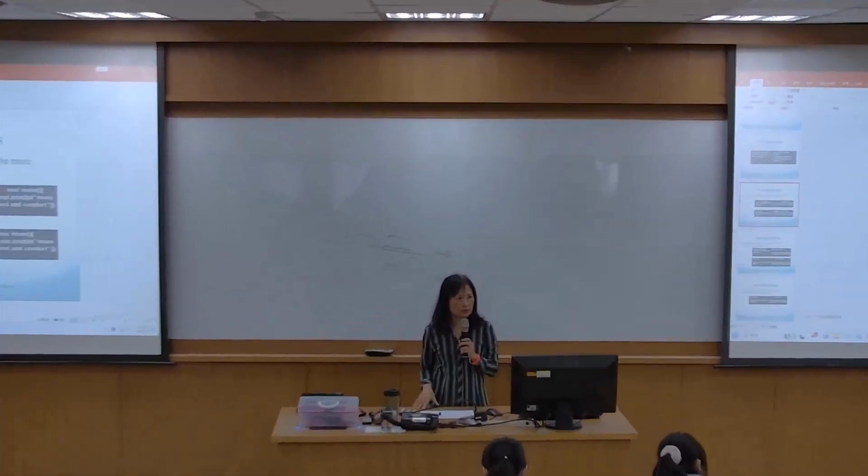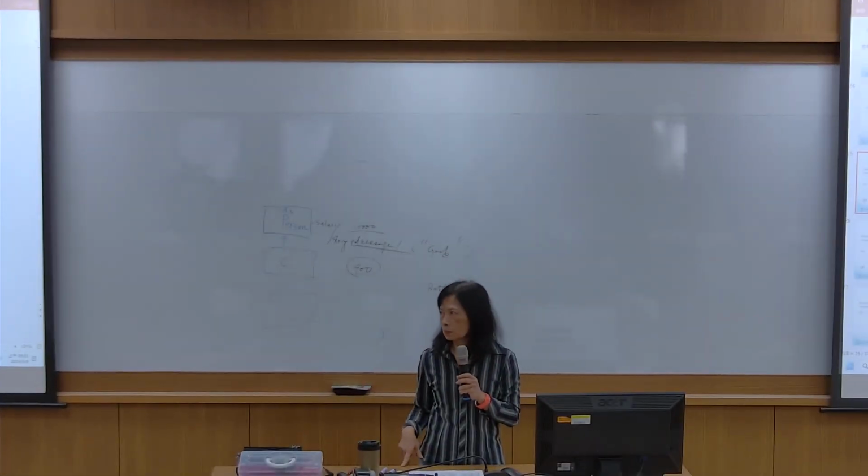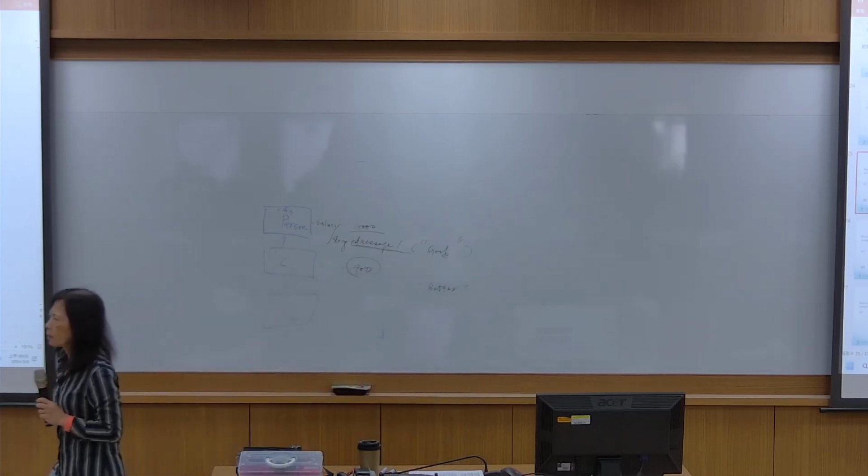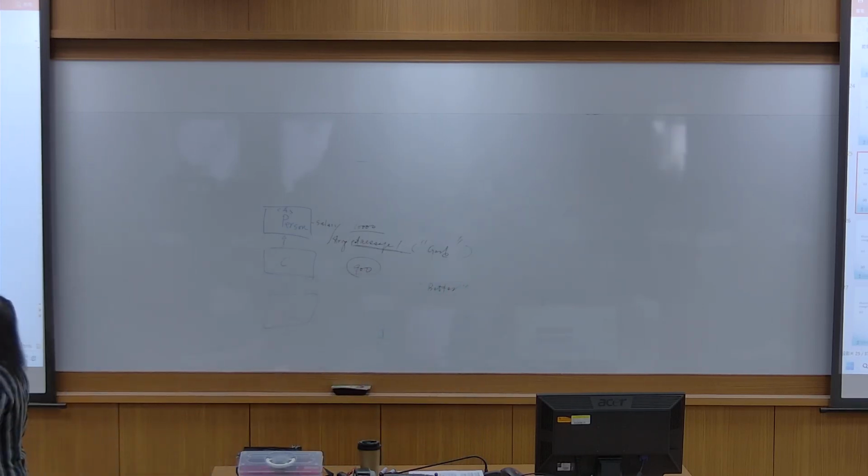Does anyone want to answer this? Okay, Harry. No. If you are public, you cannot say that it's protected, because it's more restrictive. Now I take out public, so it becomes void move, the same as this one.